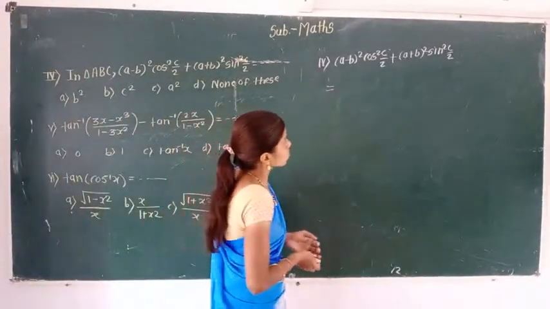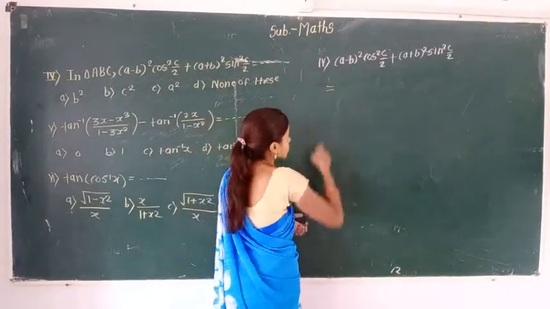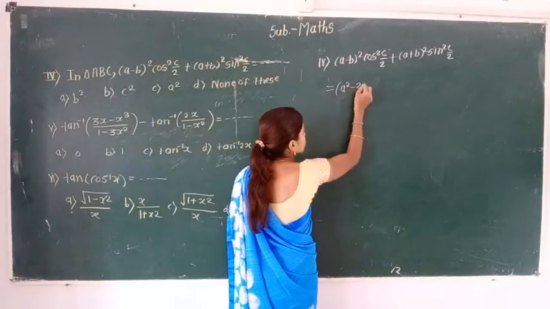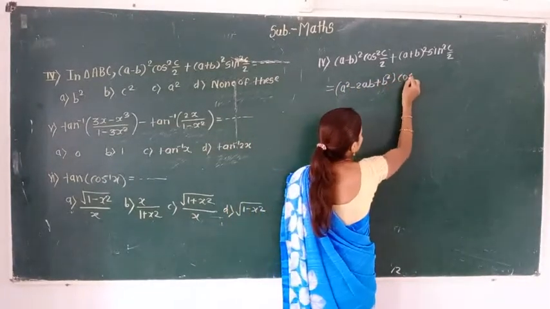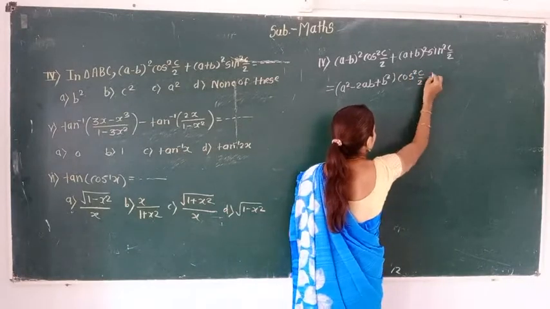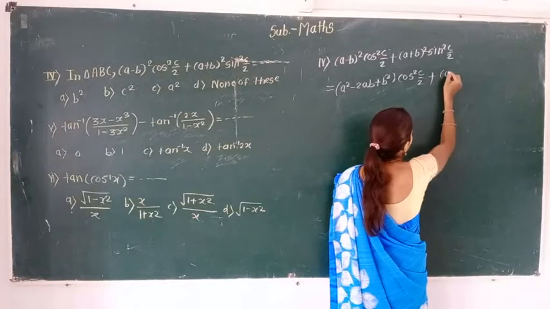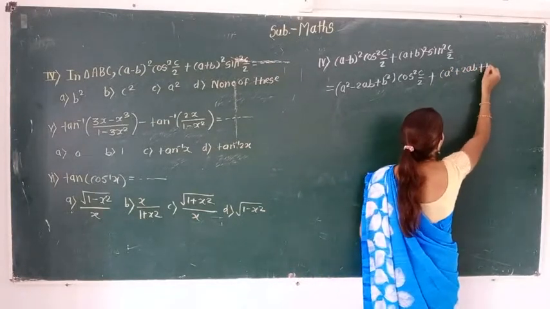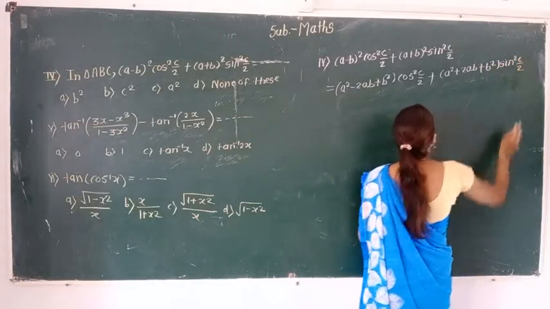Now see, first of all simplify this bracket, and we know the expansion of (a minus b) whole square is a square minus 2ab plus b square. Take cos square C by 2 as it is, plus the expansion of (a plus b) whole square, which is a square plus 2ab plus b square, times sin square C by 2.